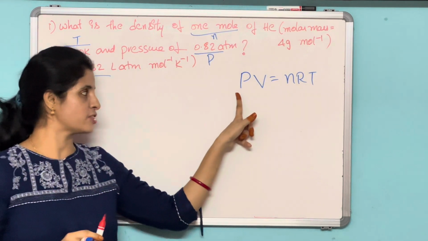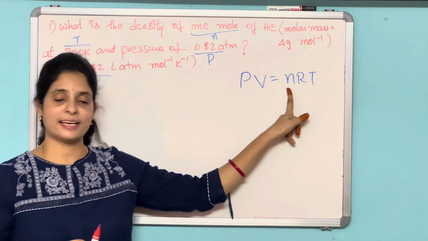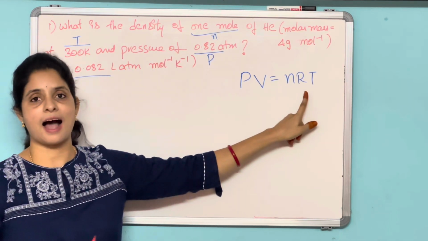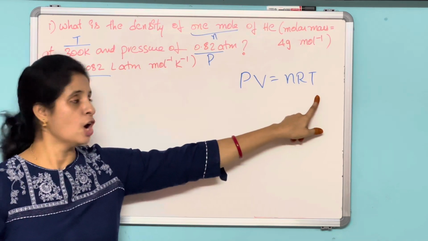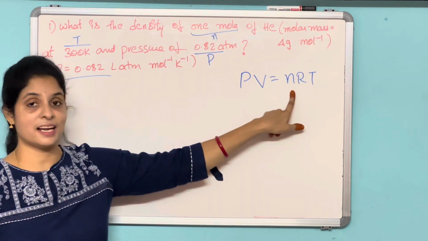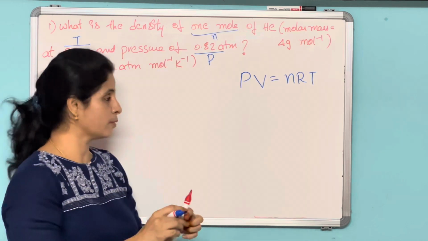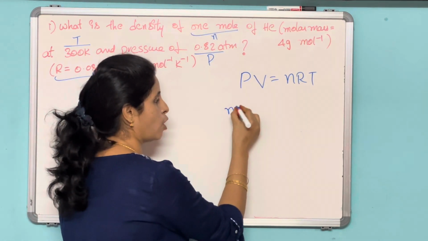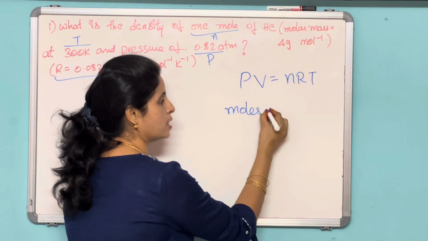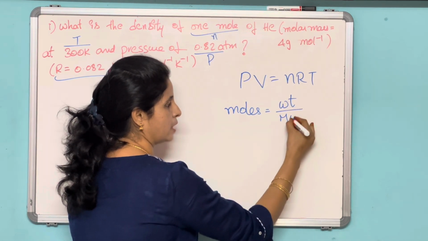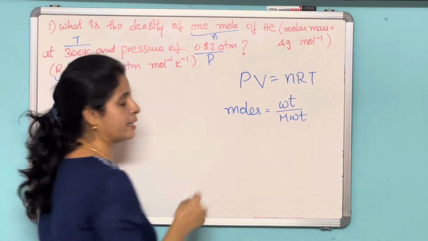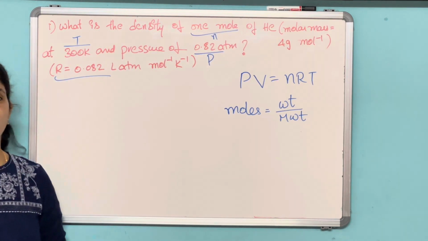P is pressure, V is volume, n is equal to number of moles, R is the universal gas constant, and T is absolute temperature. And what is n? Number of moles. What is the formula for number of moles? Number of moles is equal to weight by molecular weight.